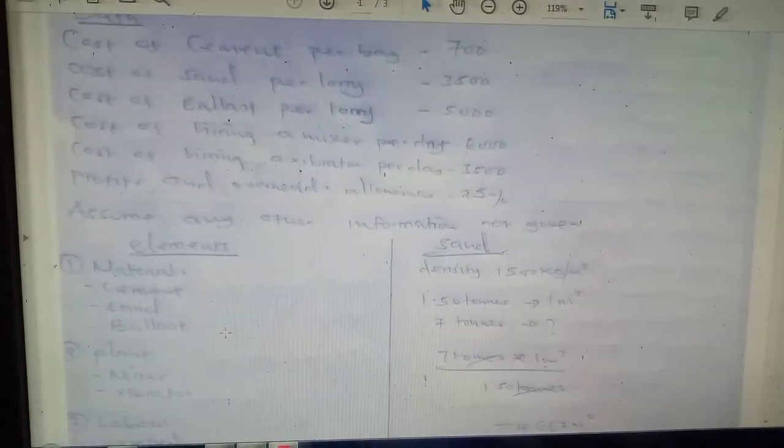After equating, in 1 meter cube the volume of cement that will be used will cost 20,114 shillings and 90 cents. That is the cost of cement that will be used in that work.